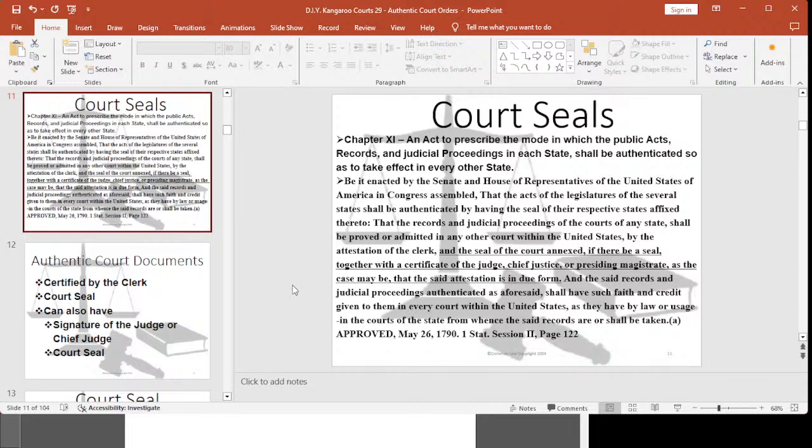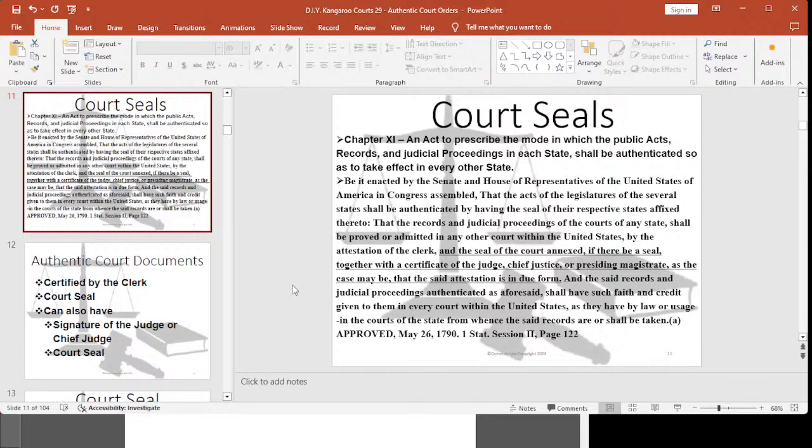Be it enacted by the Senate and House of Representatives of the United States in Congress assembled that the acts of the legislature of the several states shall be authenticated by having a seal of their respective states affixed thereto, that the records and judicial proceedings of the courts of any state shall be proved or admitted in any other court within the United States by the attestation of the clerk and the seal of the court annexed thereto.